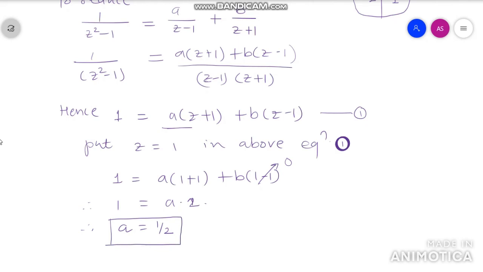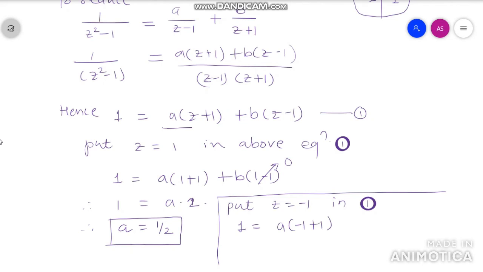Now to obtain the value of b, put z is equal to minus 1 in equation 1. We get 1 equal to a into minus 1 plus 1 plus b into minus 1 minus 1.